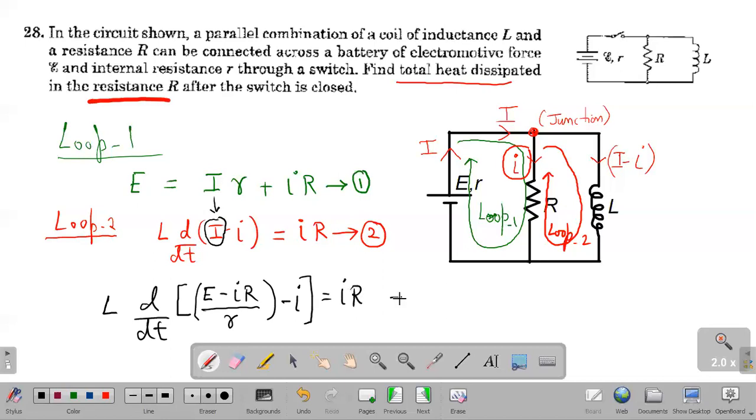Now you will rearrange all these terms, and remember capital E is a constant value, so the derivative of capital E will be considered to be 0.